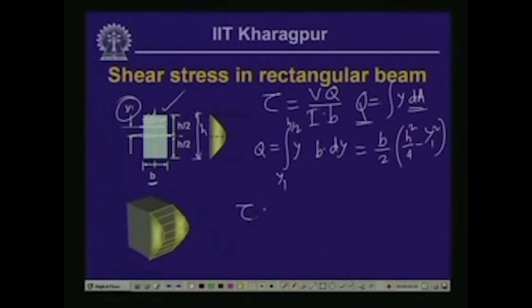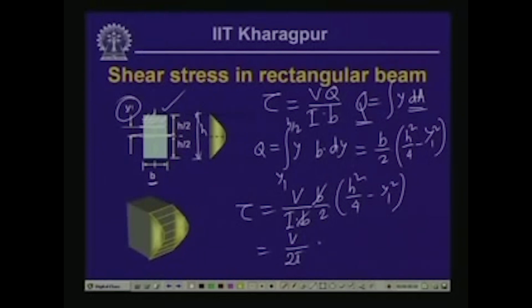So, tau is equal to V by I b times b by 2 times h square by 4 minus y1 square. The b gets cancelled, so this is equal to V by 2I times h square by 4 minus y1 square. Please note that the shearing stress tau varies parabolically across the depth, with y1 square.